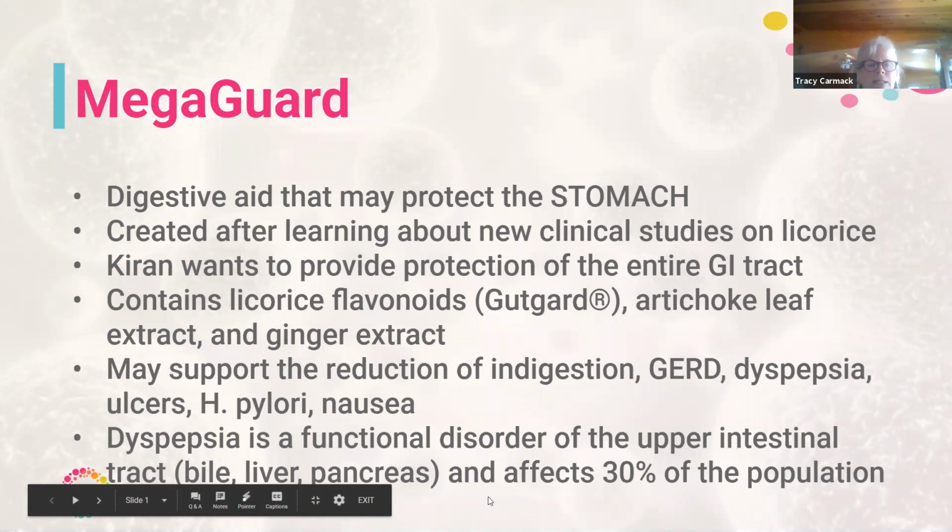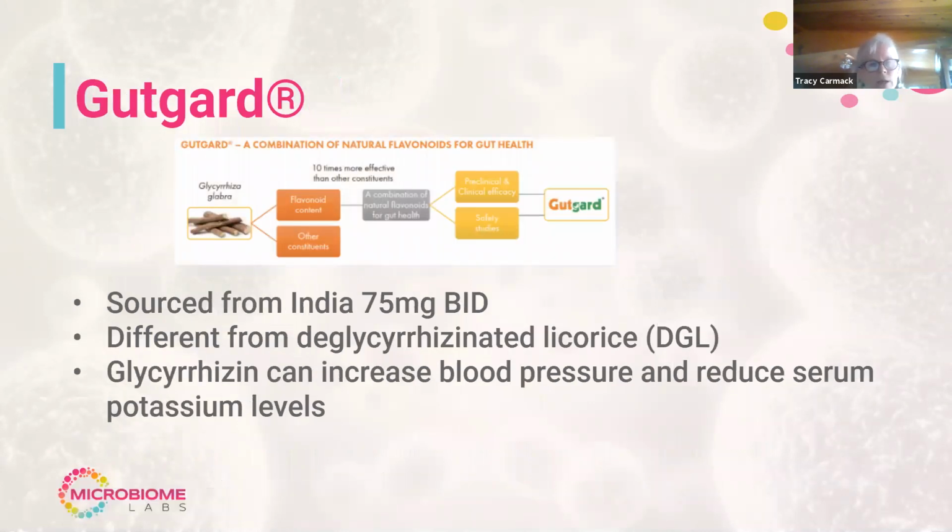So again, in the GutGuard, this is the registered trademark product. The licorice is sourced from India. It's at 75 milligrams, to be given BID.